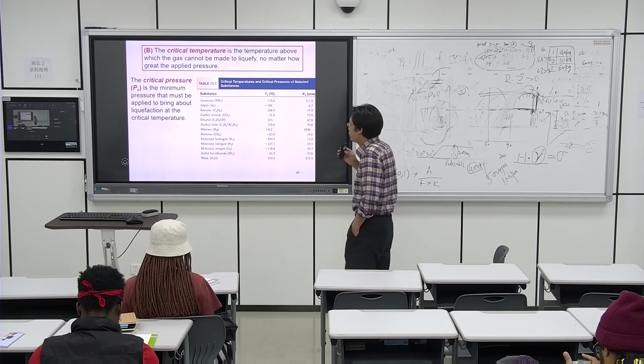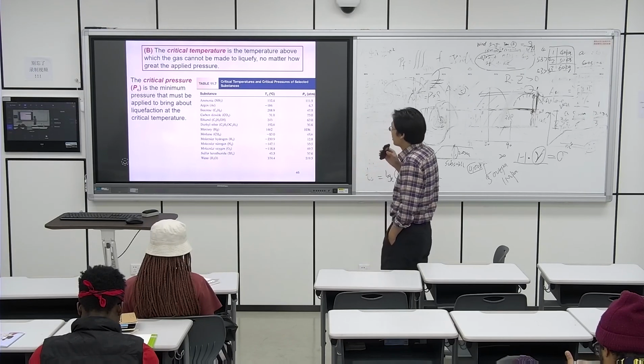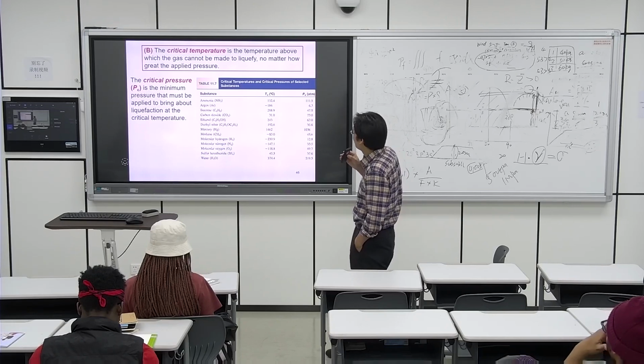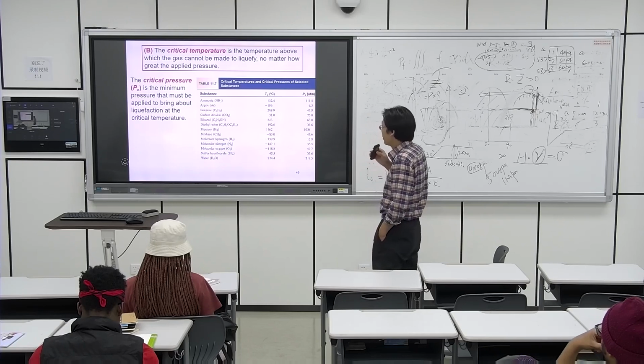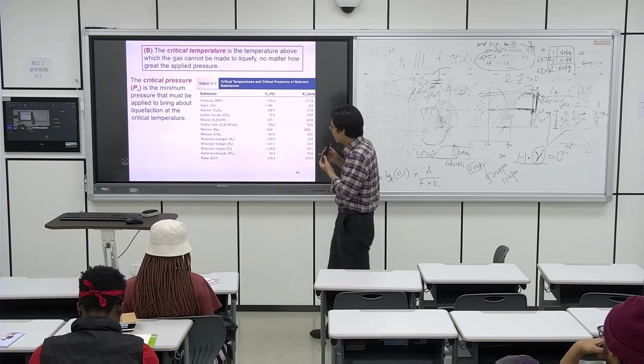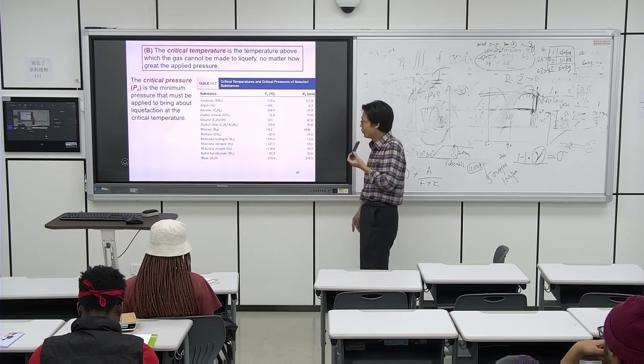Also, we introduced the critical temperature. So the critical temperature is the temperature above which the gas can't be made to liquefy, no matter how great the applied pressure. For example, the critical temperature of water is about 374.4 degrees.